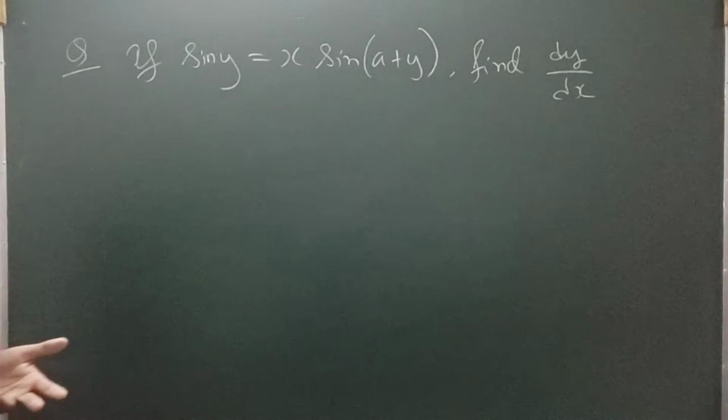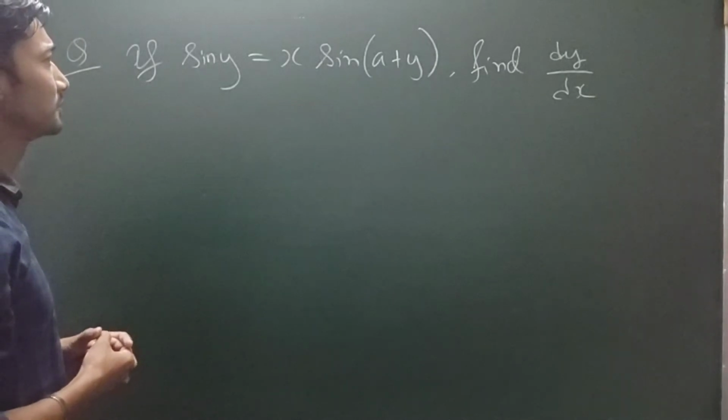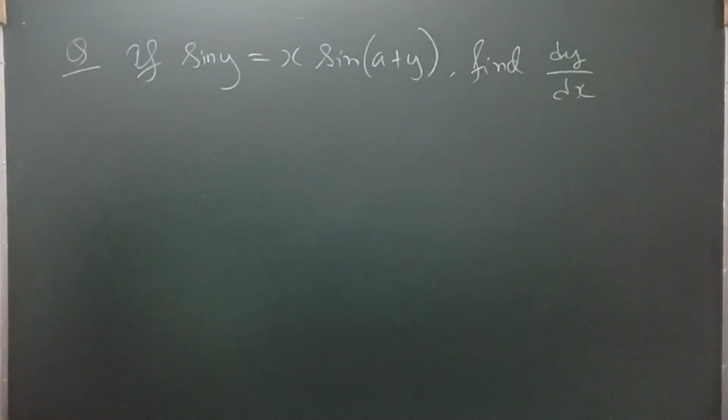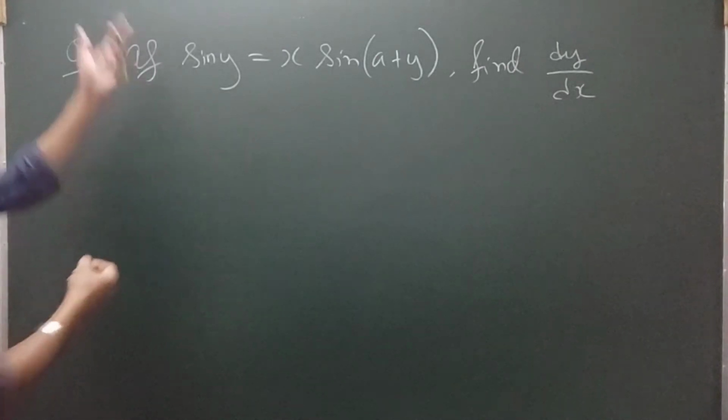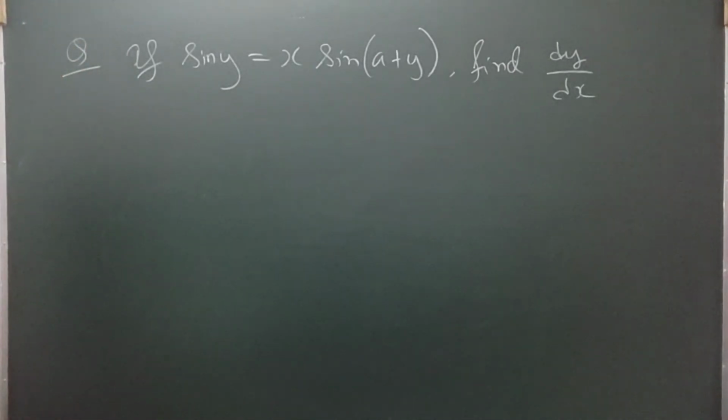So let's start our differentiation. It can be done in many ways. So what shall we do? We can directly differentiate also, not a big deal here. So let's begin. I'll just try to use the quotient rule maybe.